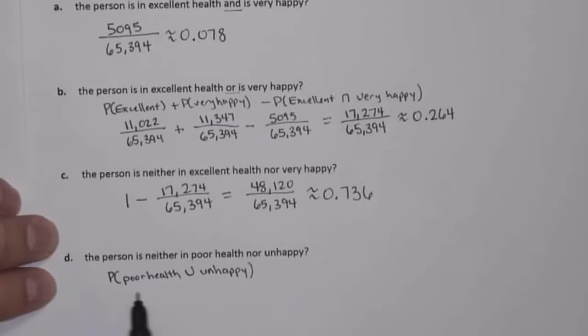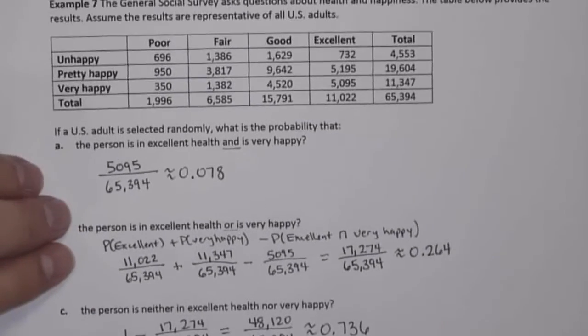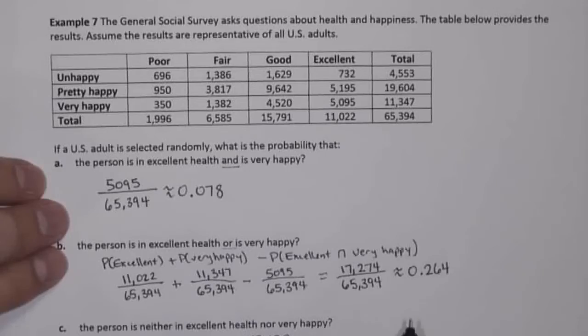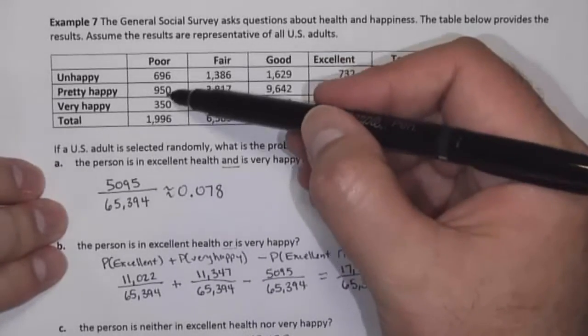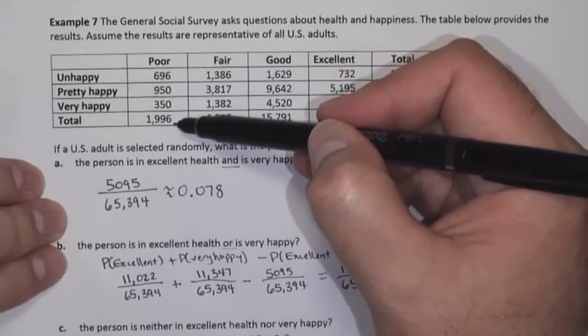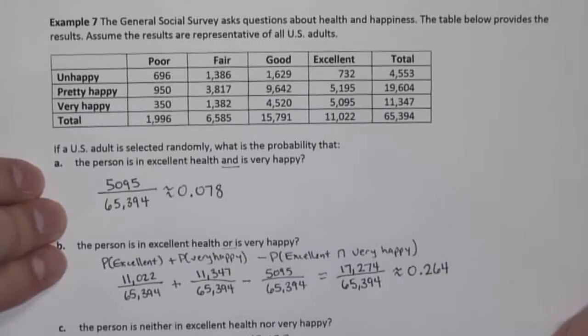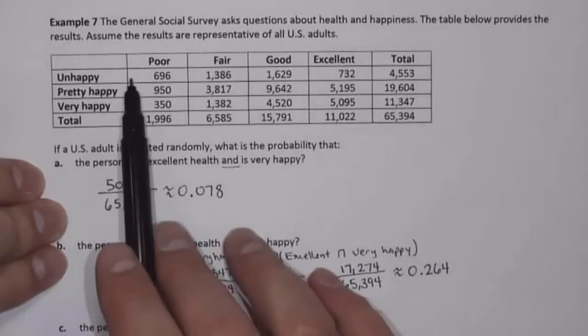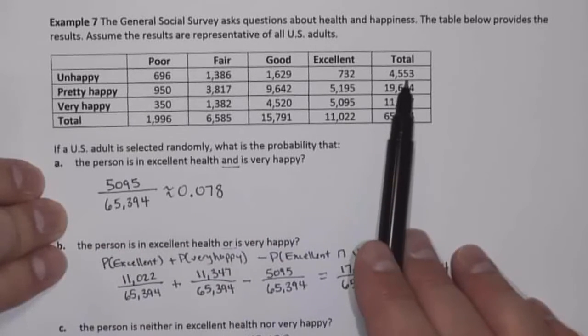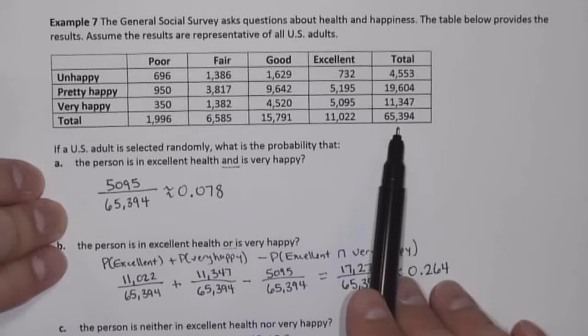of that. Well, the probability of being in poor health, if we go back up here to our table, the probability of being in poor health is 1,996 out of the 65,394. The probability of being unhappy is 4,553 out of the 65,394.